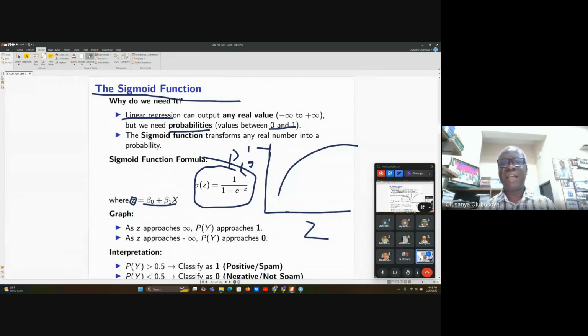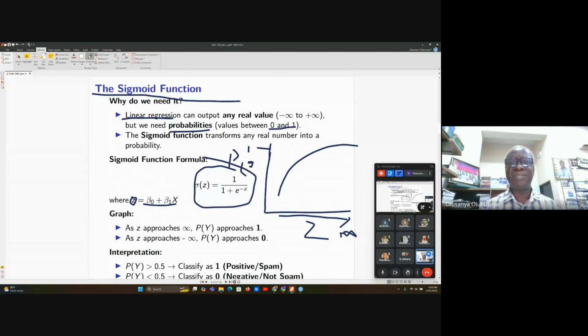So as the Z increases, so it's increasing on this side, you can see that as it is getting to positive infinity here, the probability is approaching, is reaching out to 1.